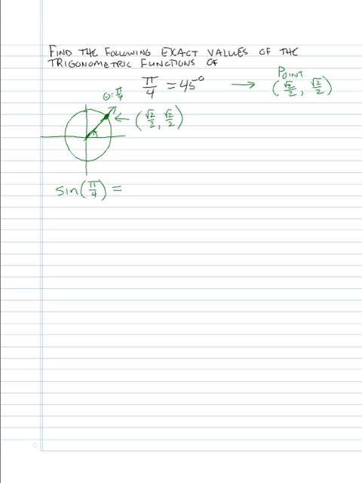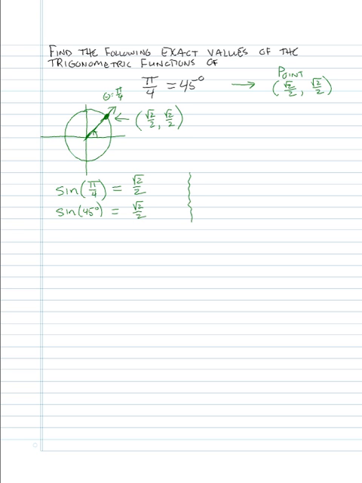And that second coordinate is the square root of 2 over 2, isn't it? Okay, so no problem. Well, now that also means that if we were asked to calculate the sine of 45 degrees, because pi over 4 and 45 degrees are the same angle, just one in radian measure and one in degree measure, we would also have the square root of 2 over 2.